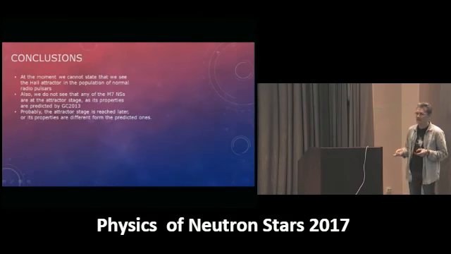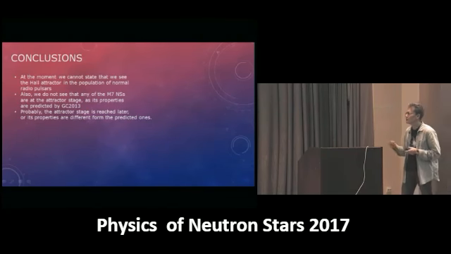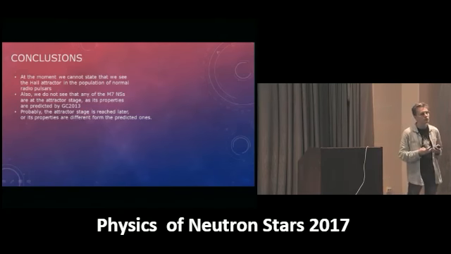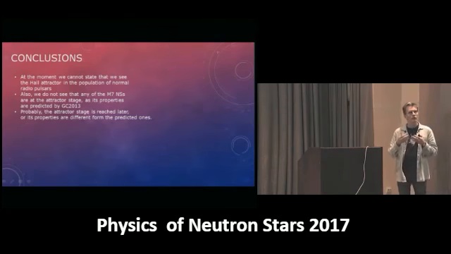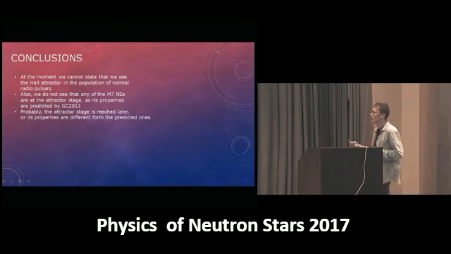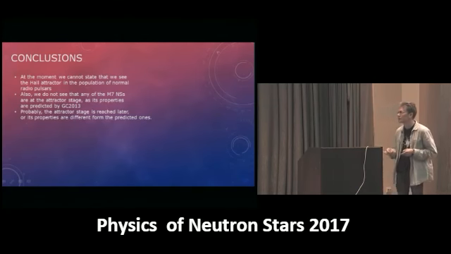Okay, here I come to my conclusions. Unfortunately, we were not able to find evidence for the Hall attractor looking at the population of normal radio pulsars, or looking at particular sources among the Magnificent Seven.